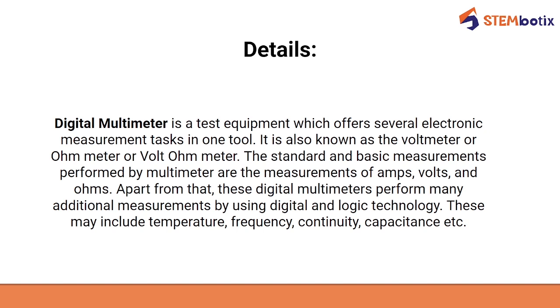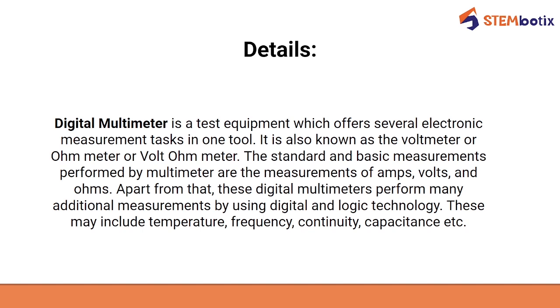Using this single tool, you can measure a variety of electrical properties. It is also known as voltmeter or ohm meter or volt ohm meter. The standard and basic measurements performed by a multimeter are amperes, volts and ohms. Amperes are the unit for current, volts are the unit for voltage and ohm is the unit for resistance.